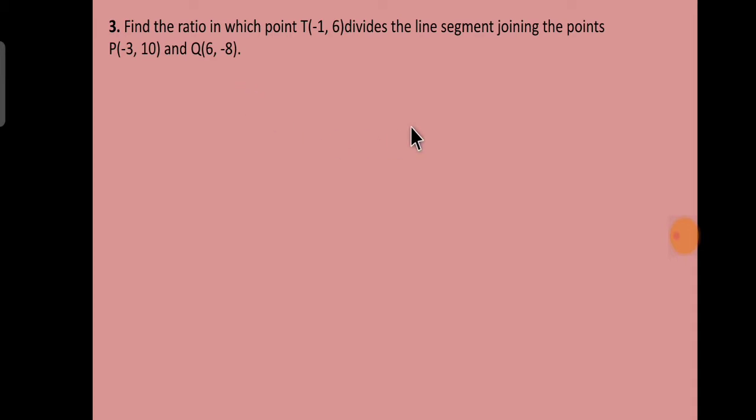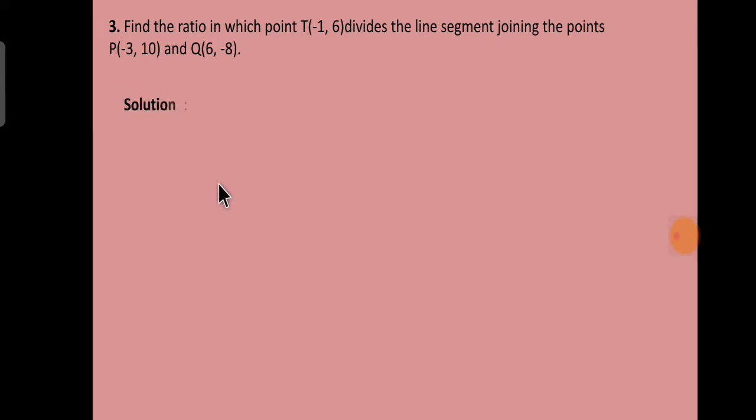Means in this question we have given segment PQ, and point T divides segment PQ, and now we have to find out the ratio in which point T divides the segment PQ. या प्रश्नामध्ये आपल्याला सेगमेंट PQ दिलेला आहे आणि सेगमेंट PQ चे पॉइंट T हा डिवाइड करतो. So we have to find the ratio in which point T divides the segment PQ.